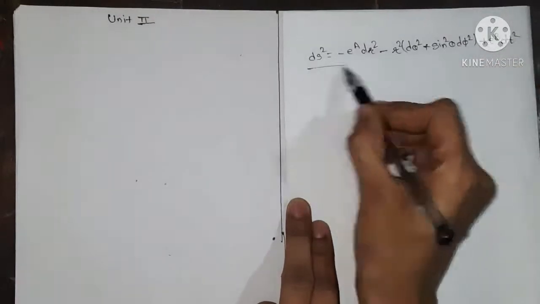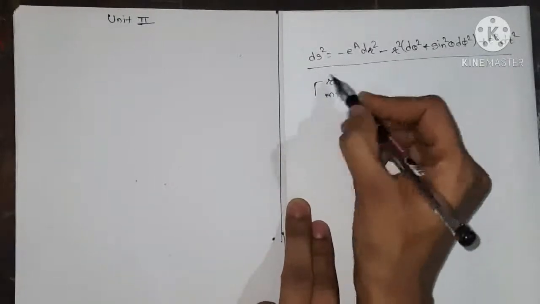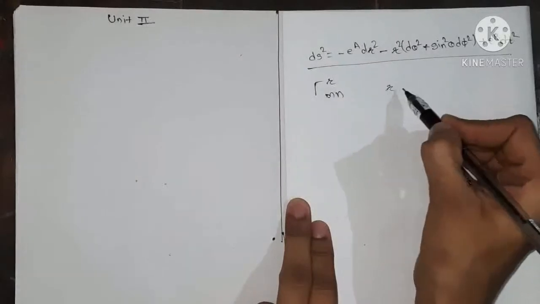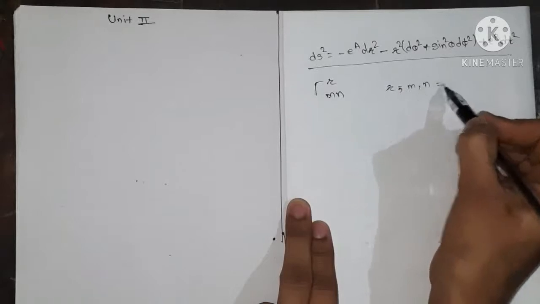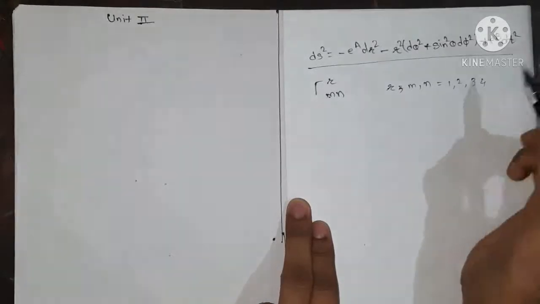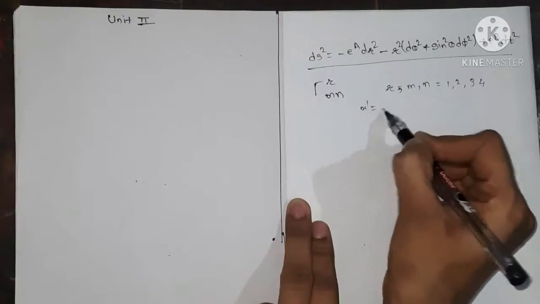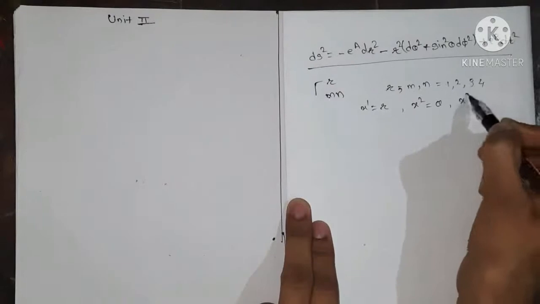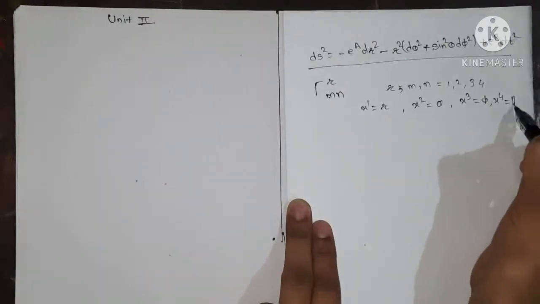For this line element we computed the Christoffel symbols gamma of rmn, where r, m, n vary from 1, 2, 3, 4, because we take the x1 coordinate as r, x2 as theta, x3 as phi and x4 as t.